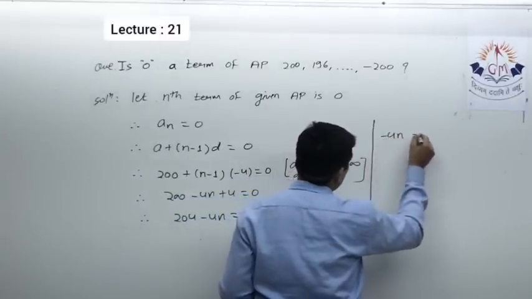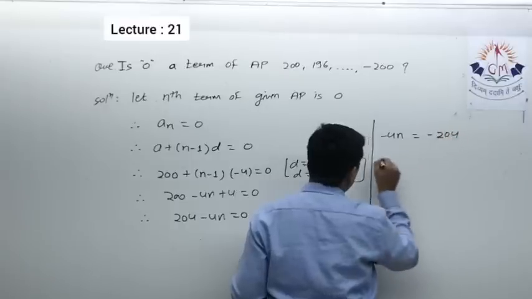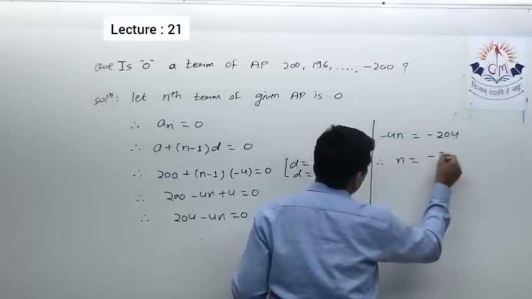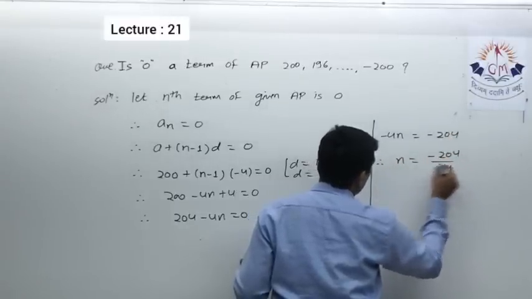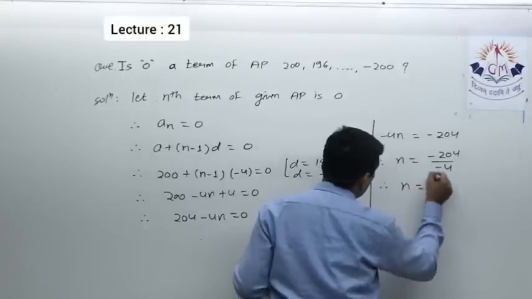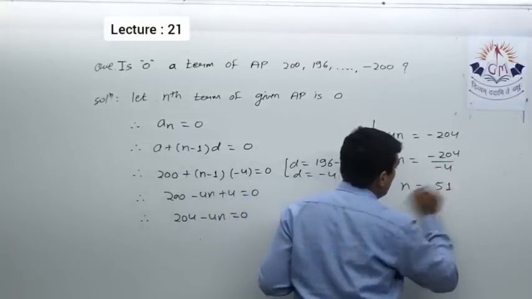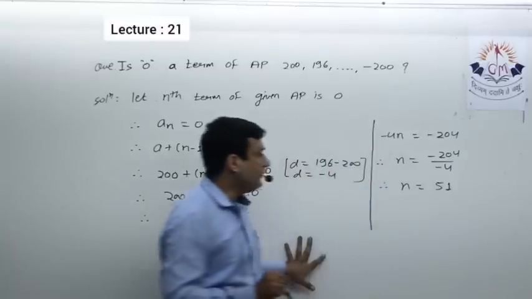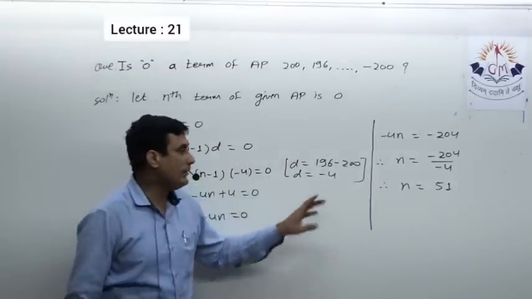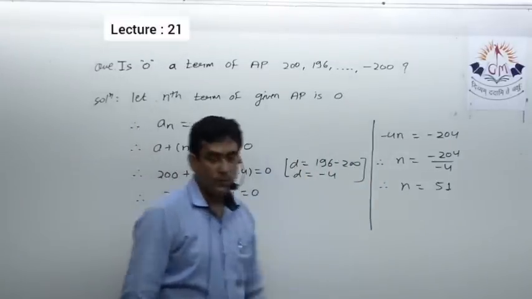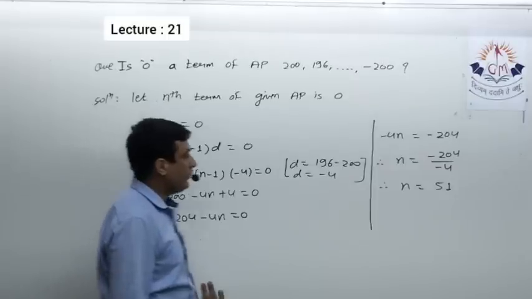Minus 4n is equal to minus 204. Therefore n equal to minus 204 upon minus 4. So n is equal to, now minus and minus cancel, 51. Yes, that means the 51st term of the given AP is 0.